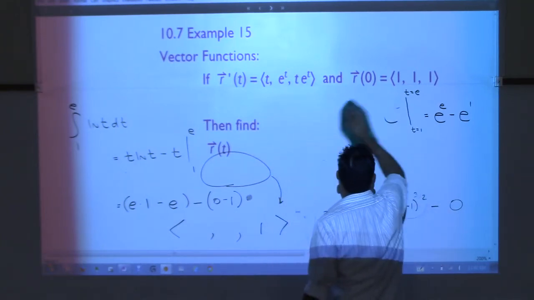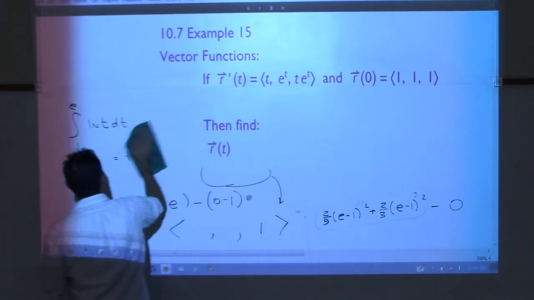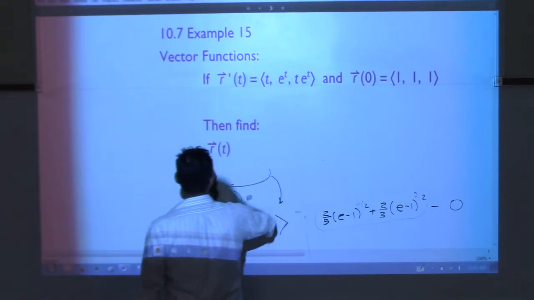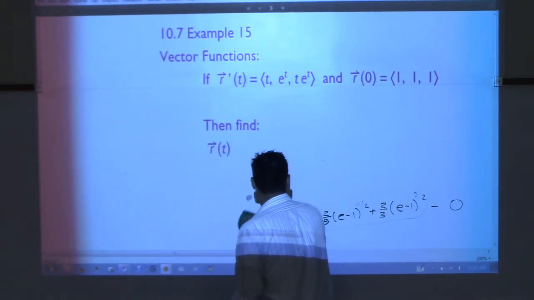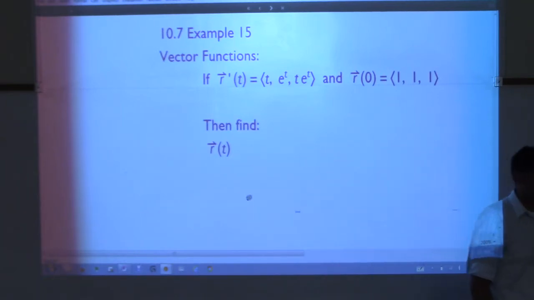Look at this one. One of the things you should have learned in Calculus 2 is that if you start with a velocity function, and you take the antiderivative, you go back to the position function. And the same thing applies here with vector functions.